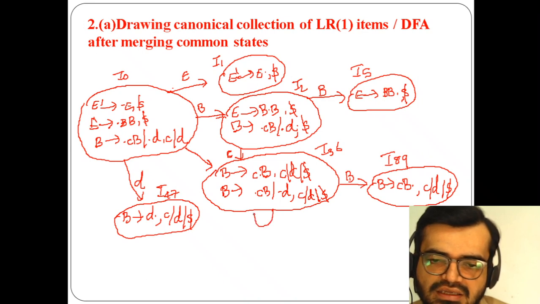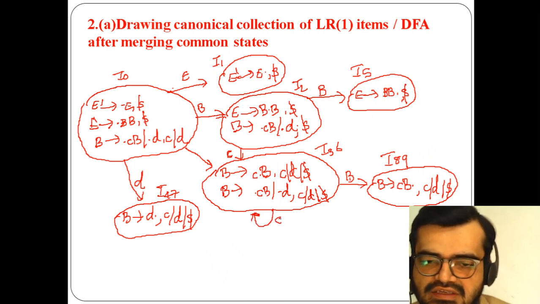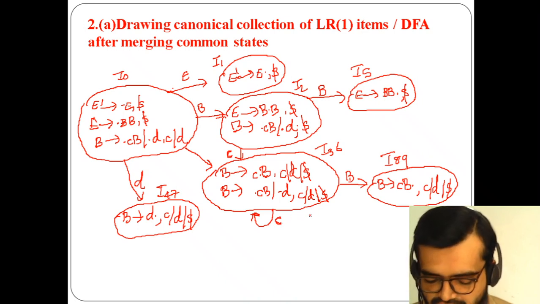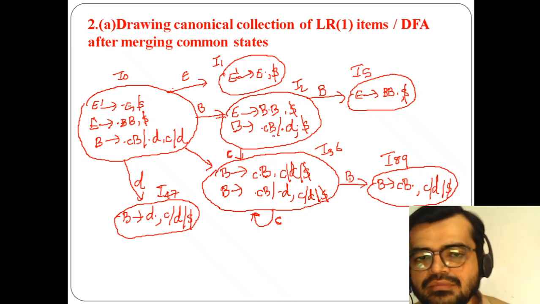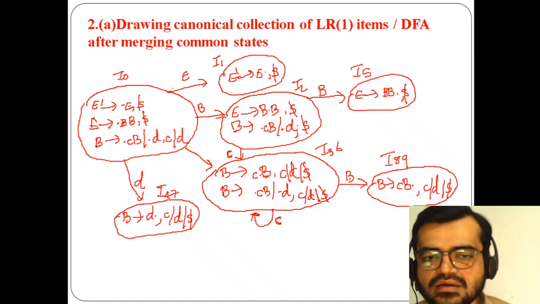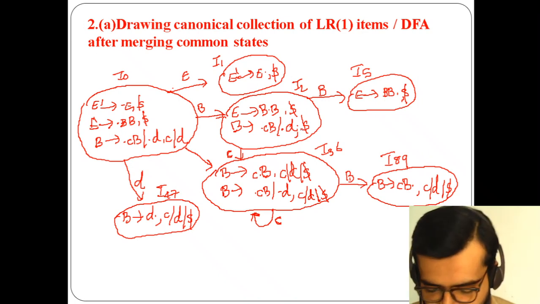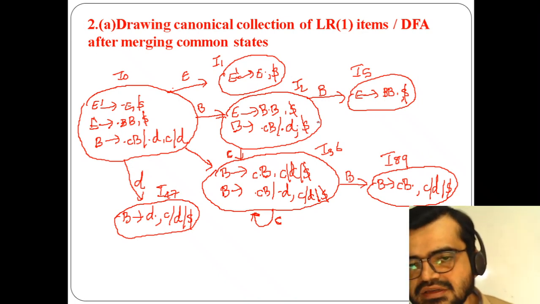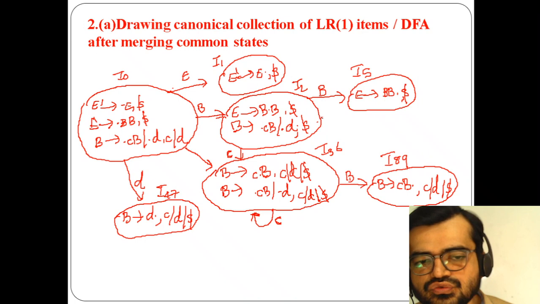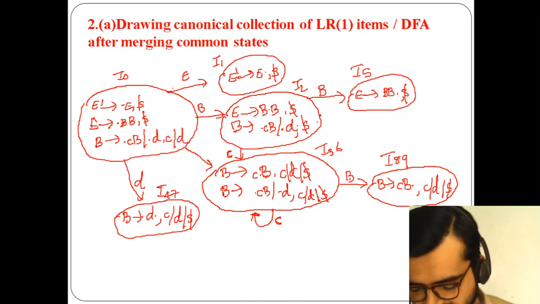So for that it is repeating on C. Similarly, what happens if I'm using here B of D dot? B of D dot means it goes to which state? I47.